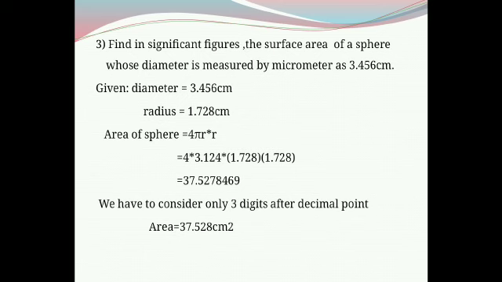When we put the values of pi and r, we get 4 into 3.124 into 1.728 squared. Therefore the area of the sphere is 37.2578469. Here we have to find the answer in significant figures, therefore consider only 3 digits after the decimal point. The final answer is area of sphere equals 37.528 centimeter square.